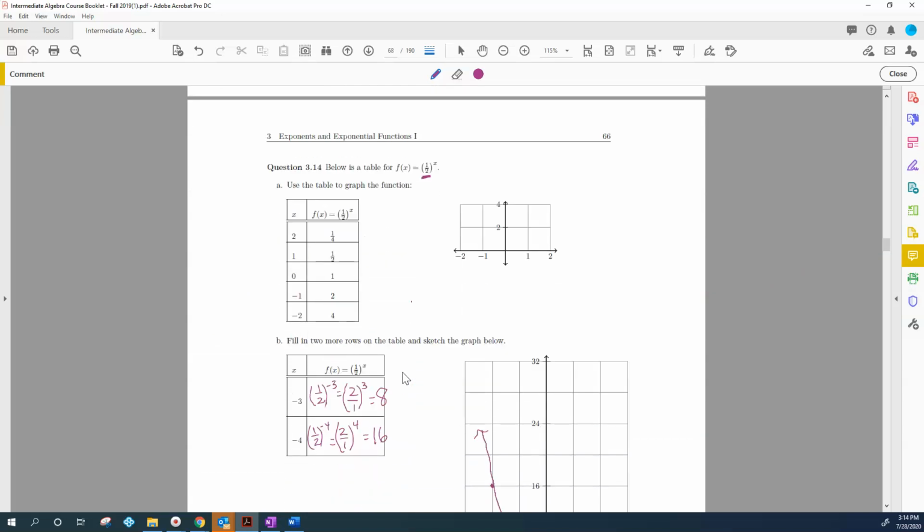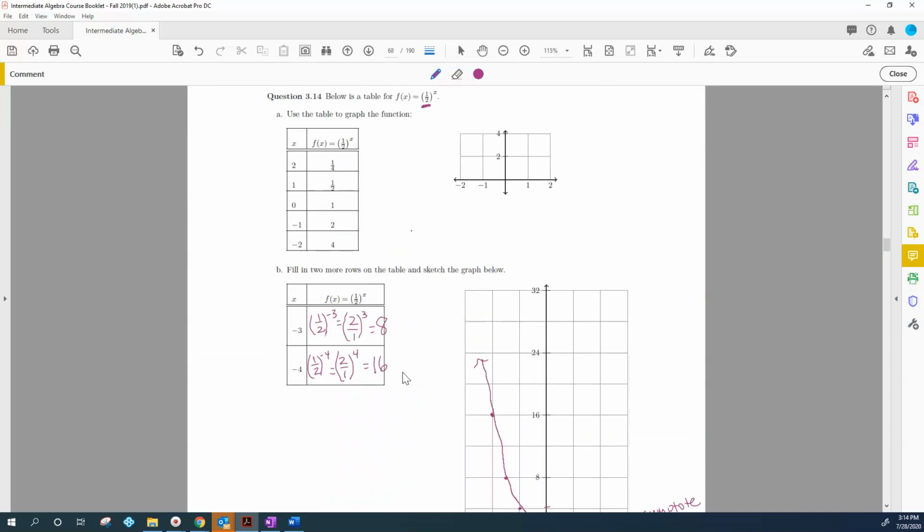And down here, what happened was a little bit different. Now our base is 1/2. So in this one, when the base is between 0 and 1, but not including 0 or 1, so if it's a fraction, then you have exponential decay.